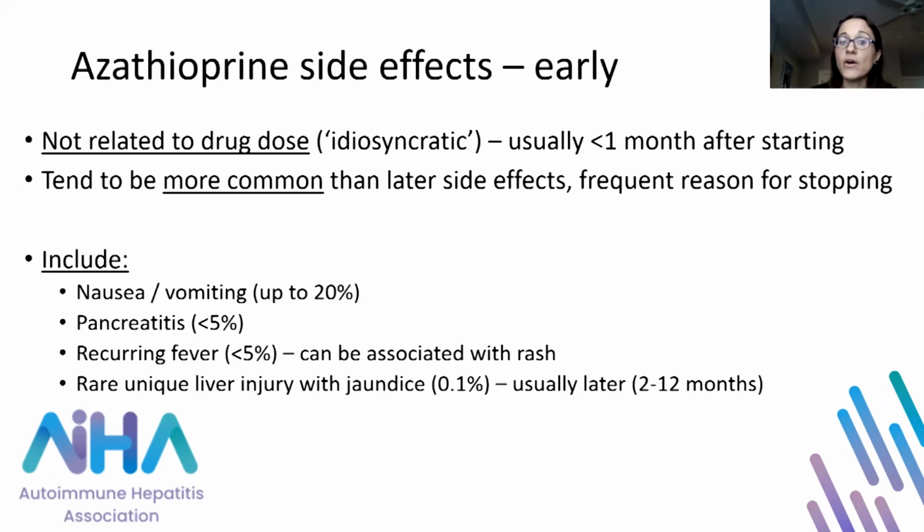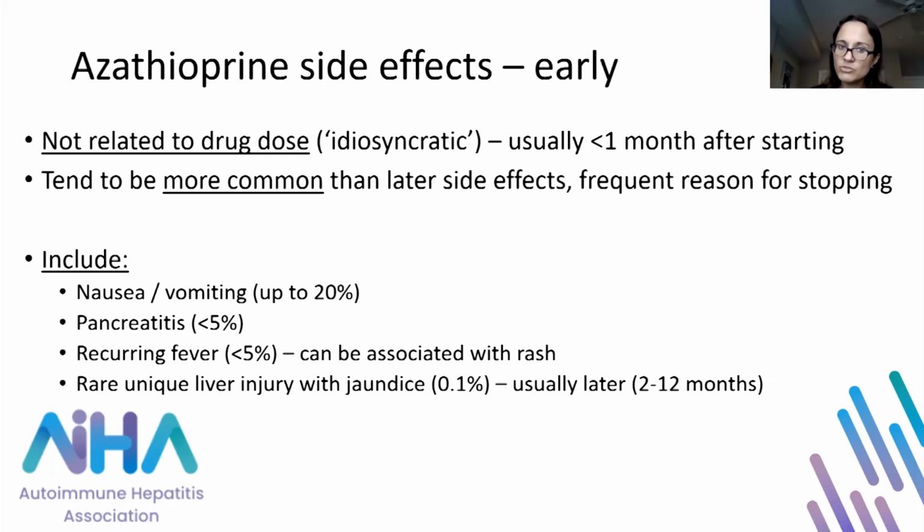They include nausea and vomiting in up to about 20% of patients, and pancreatitis, which basically means inflammation of the pancreas, and that can be quite severe and lead to hospitalization. That occurs in less than 5% of patients.